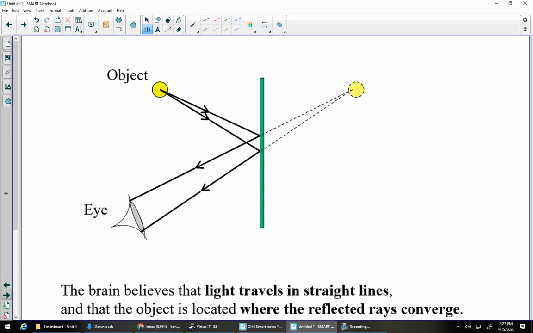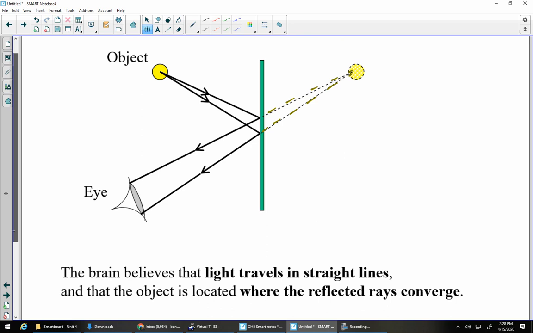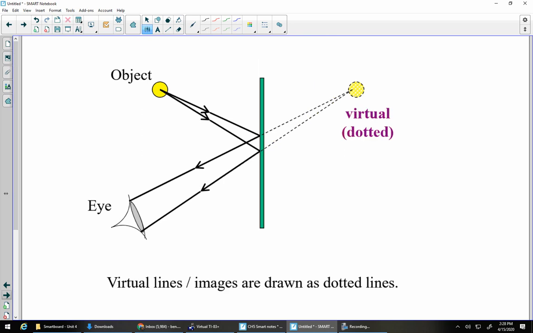And if you guess, behind the mirror over there, absolutely, right? Because the brain thinks that light travels in straight lines. So wherever those two rays converge is where the object is going to be. So it thinks that they're converging back over here, traveling in straight lines. So we see the object behind the mirror.